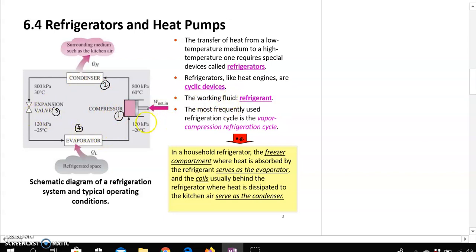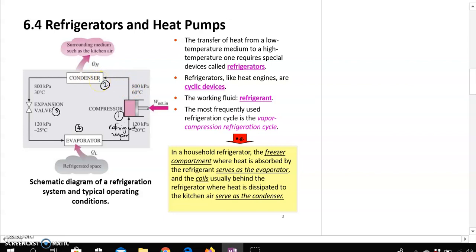The working fluid that goes through this cycle is the refrigerant. First, the refrigerant vapor enters the compressor, and you will require additional work, usually electrical work, to compress the refrigerant so that the pressure will increase. Once the pressure increases, the temperature will also increase, and then you will enter the condenser.